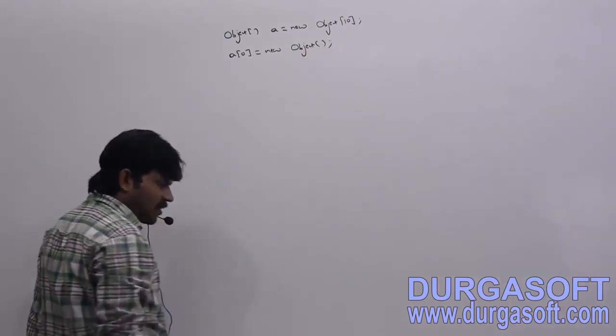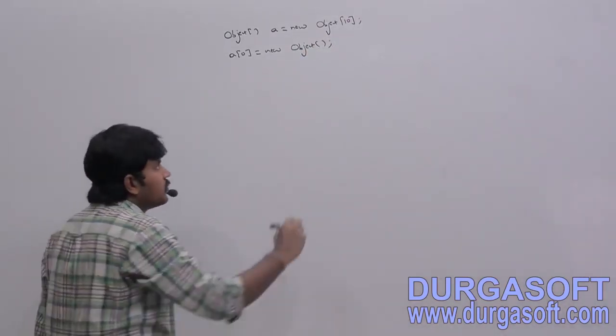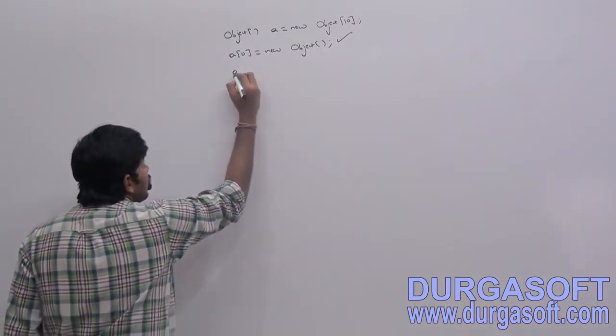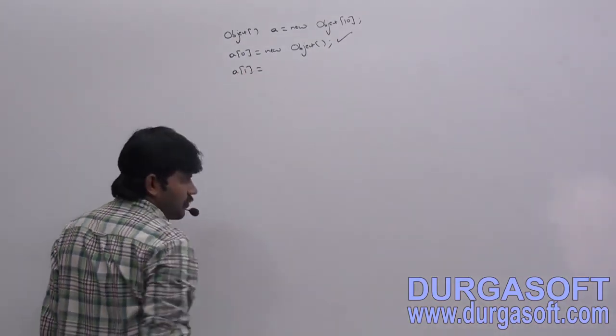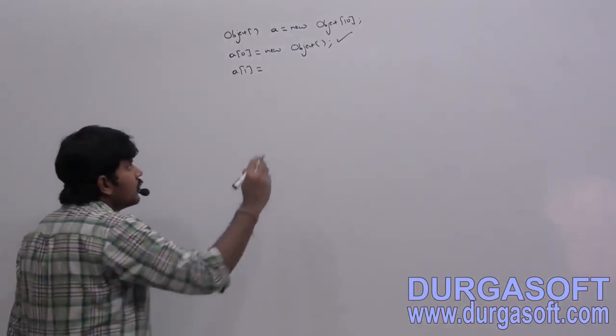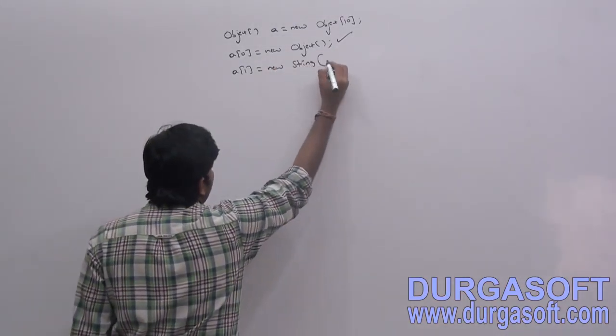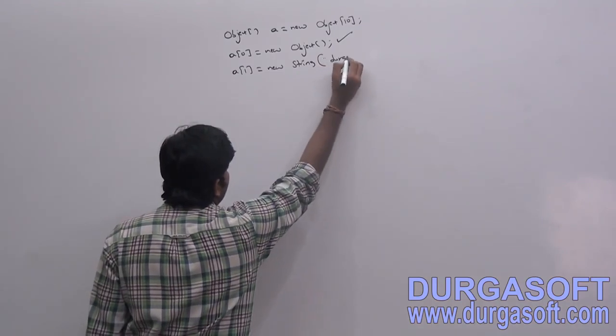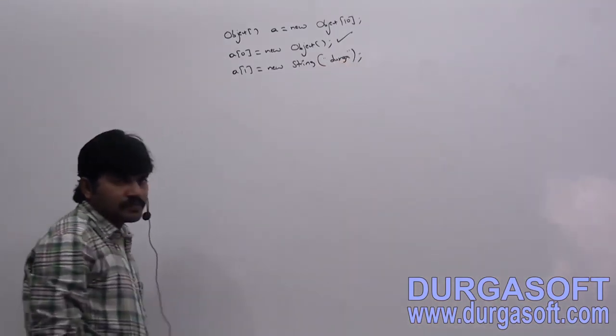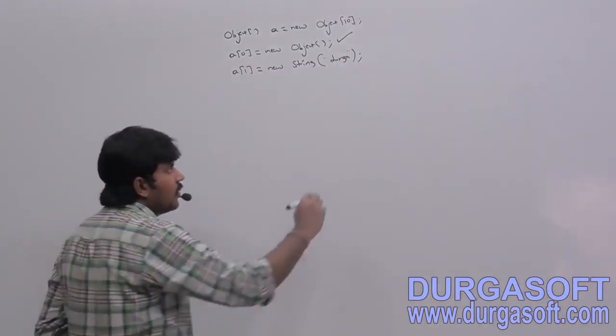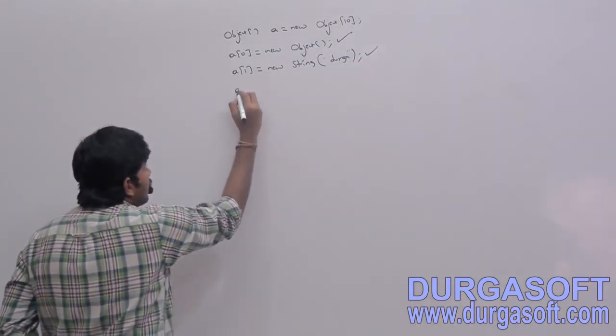Is it valid or not? A of 0 is equal to new object, perfectly valid. A of 1 is equal to new string of Durga. Is it valid or not? Valid, no problem at all.